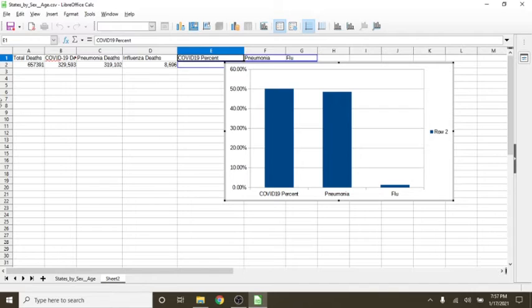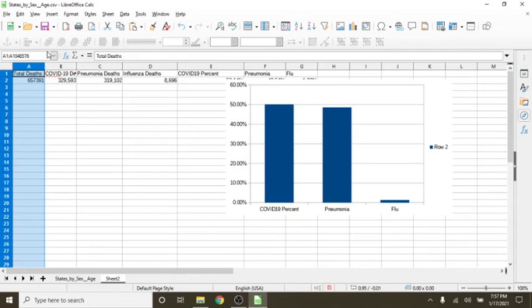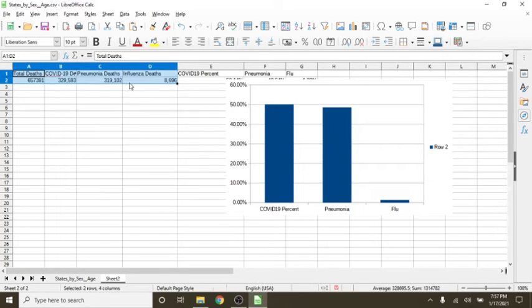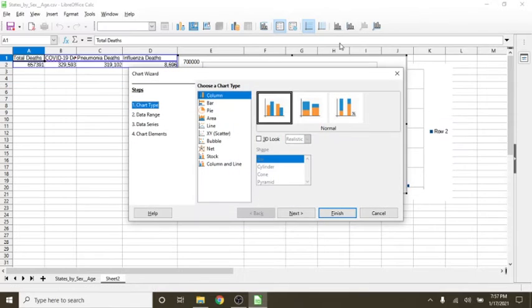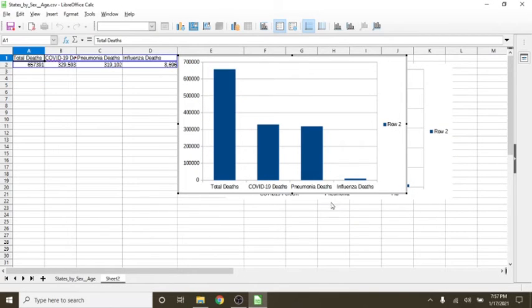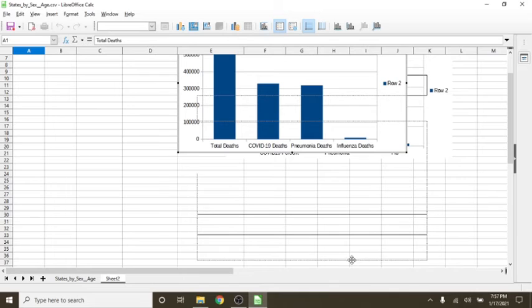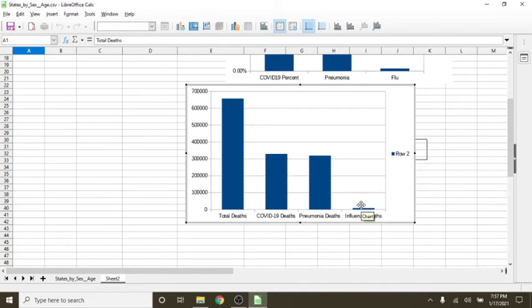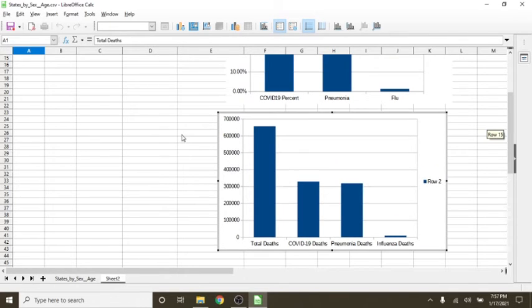If we look at them by numbers, you can see that total deaths is up here, but you know, COVID-19 and pneumonia deaths. So is that a coincidence?